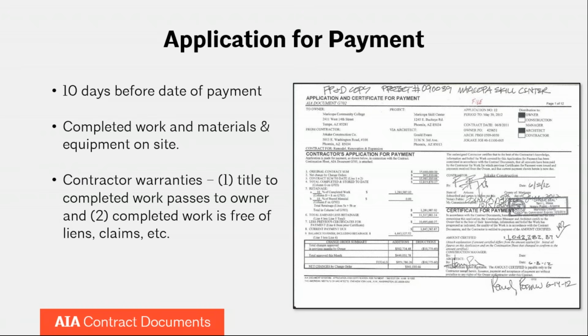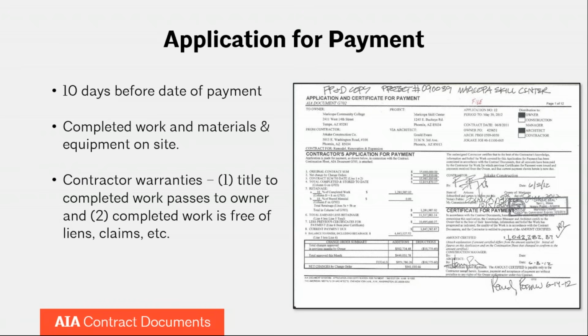And according to the A201, the contractor should be including in their payment application completed work or amounts that represent completed work and materials and equipment that are stored on site. So that is the general structure of how A201 contractor payments, or entitlements to payments, are made.